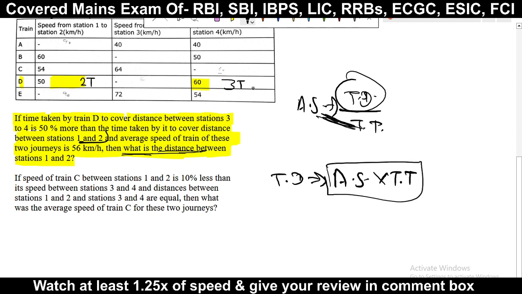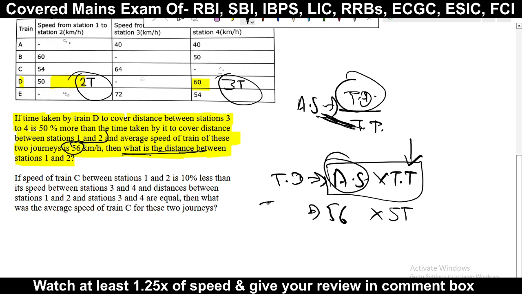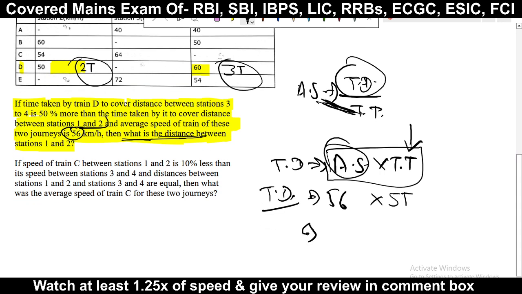So what will be the total time? 3t and 2t, add both, total time will be 5t. Average speed we have here, 56. Now we calculate the total distance. Multiplying gives us 280t.